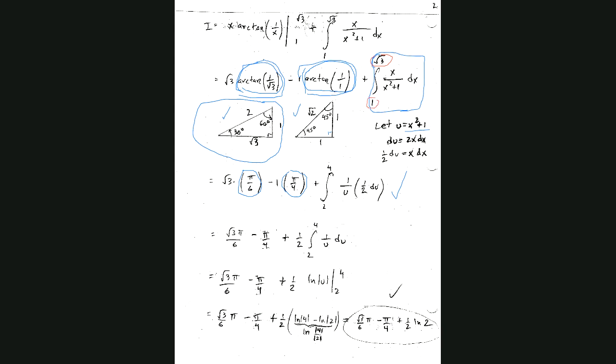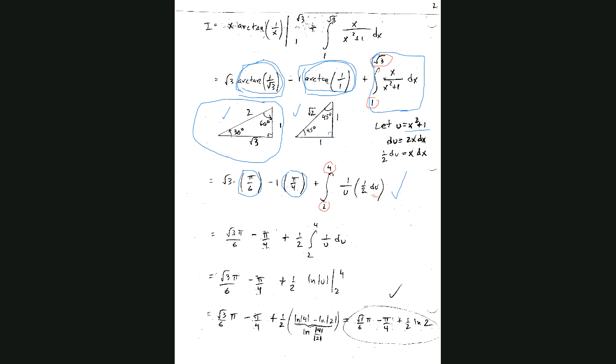Now we have an integral with respect to u, and the x limit of root 3 becomes 4, because 4 is root 3 squared plus 1. The x limit of 1 becomes 2, because u is x squared plus 1, so 1 squared plus 1 is 2. And now it's very standard how to complete this problem.